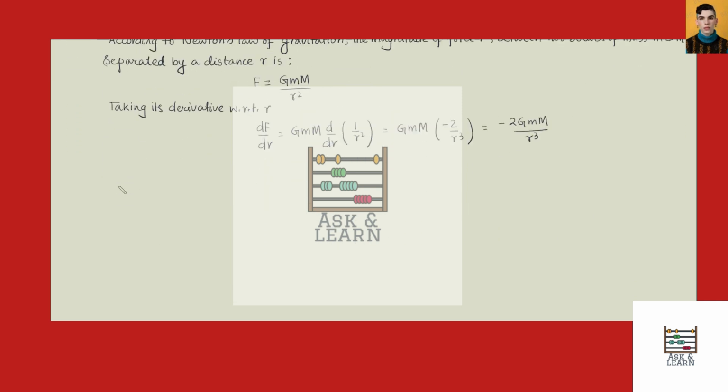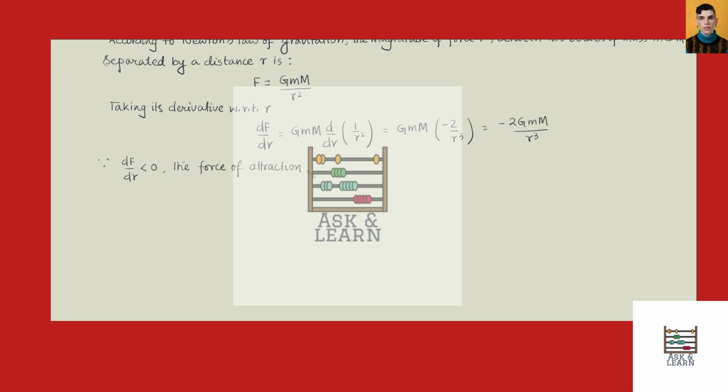So, taking its derivative with respect to r in order to find the rate at which this force changes, G, small m and capital M are constant. So we take the derivative of 1 by r square with respect to r, which comes out to be minus 2 by r cube. Finally, dF by dr comes out to be minus 2 G m M divided by r cube.